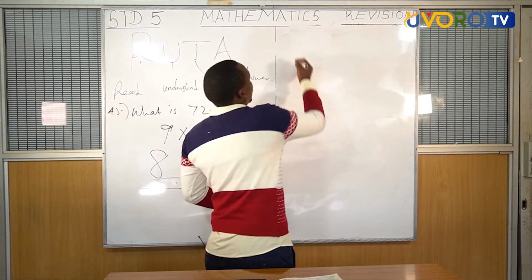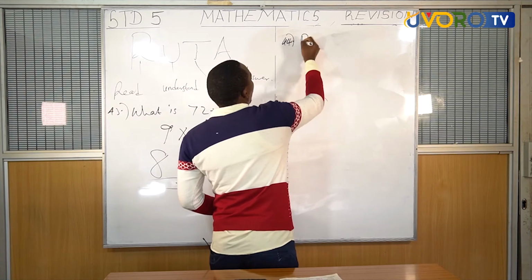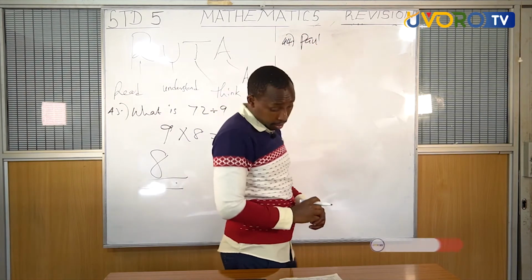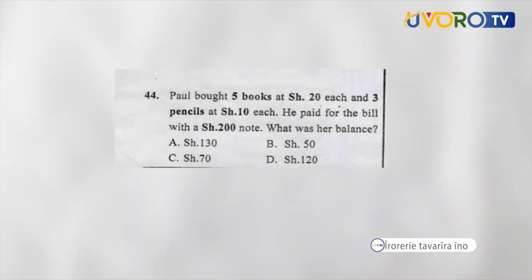You are told, Paul, somebody called Paul, bought 5 books at shillings 20 each, and 3 pencils at shillings 10 each.